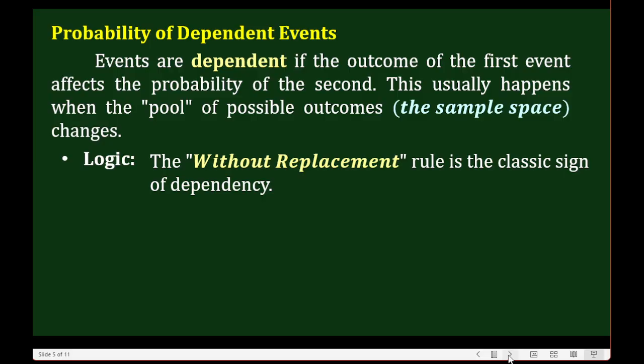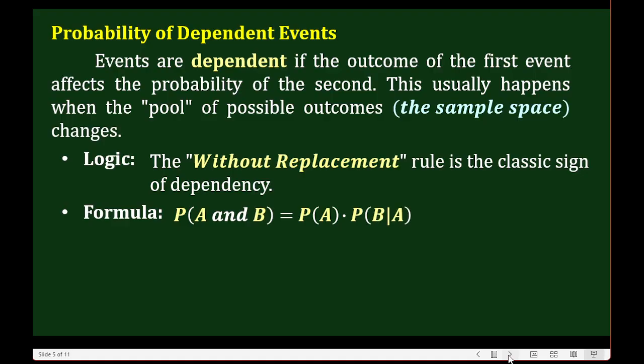And as for the formula, we have this one. The probability of A and B is equal to the product of P of A times P of B happening given that A already happened.